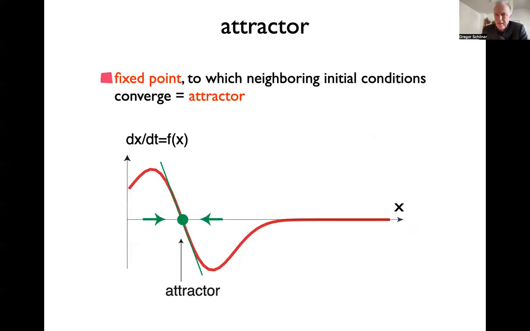So the example I mentioned before actually makes it possible to illustrate that notion. A very important concept is the concept of a fixed point, and this red curve was the example of a nonlinear dynamical system I gave earlier. Already in the mental simulation I hinted that if you start out here, you're going in this direction because you have a negative rate of change, so you will be decreasing.